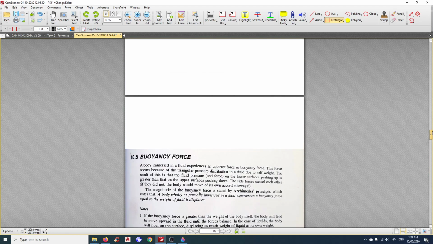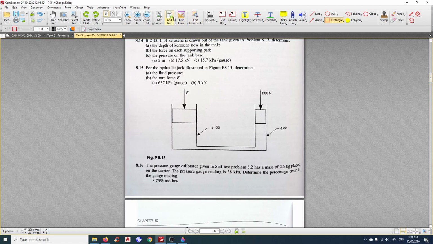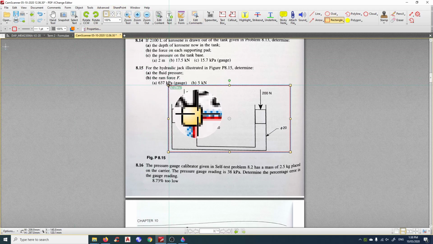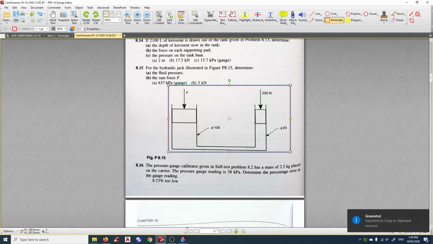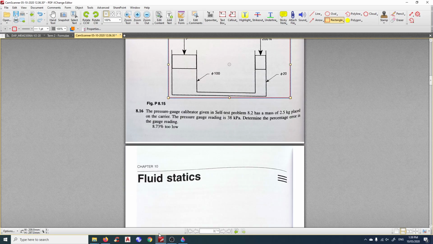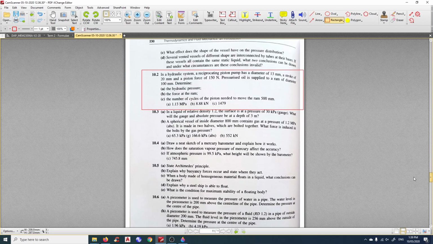What I'm going to do is just pinch this, but I'm going to change the number. So back to 10.2. We have a hydraulic system similar to what we have before, with the reciprocating piston pump.